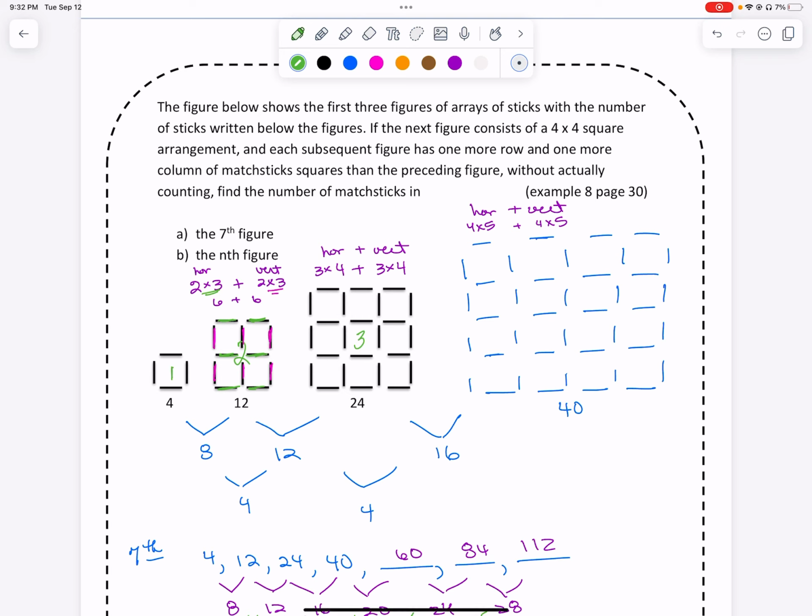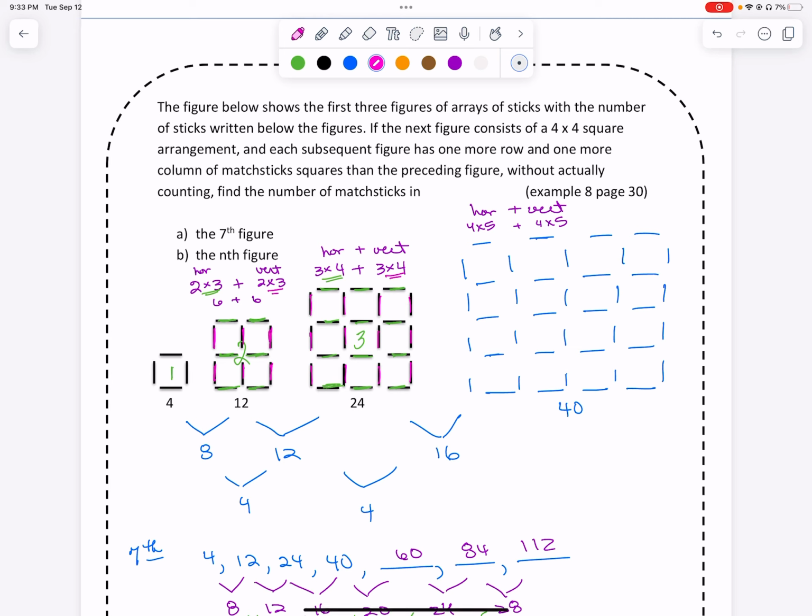But the third figure, once again, let's do horizontal. So I've got 3, 3, 3, 3. How many is that? 3 times 4. So my horizontal is 3 times 4. That gives me 12. And then my vertical, how many do I have? Same thing. 3 times 4. That gives me 12.